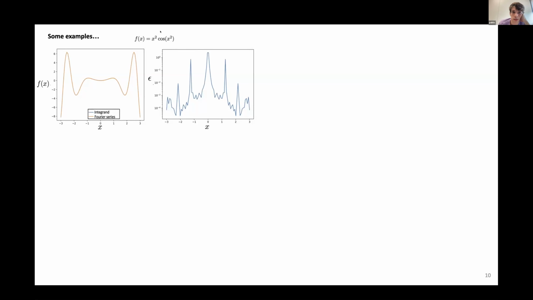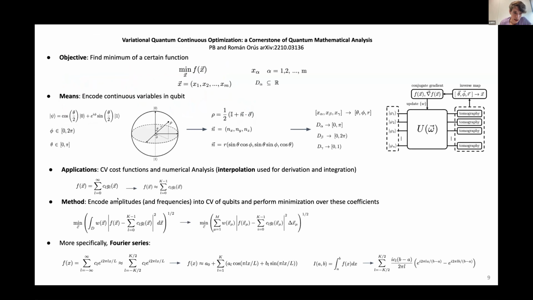For example, this is a simple function. Maybe I missed the fact that, since you can go for continuous variables in the coefficients, you have somehow to discretize your X space, the points in which you calculate the distance between the function and the interpolation.